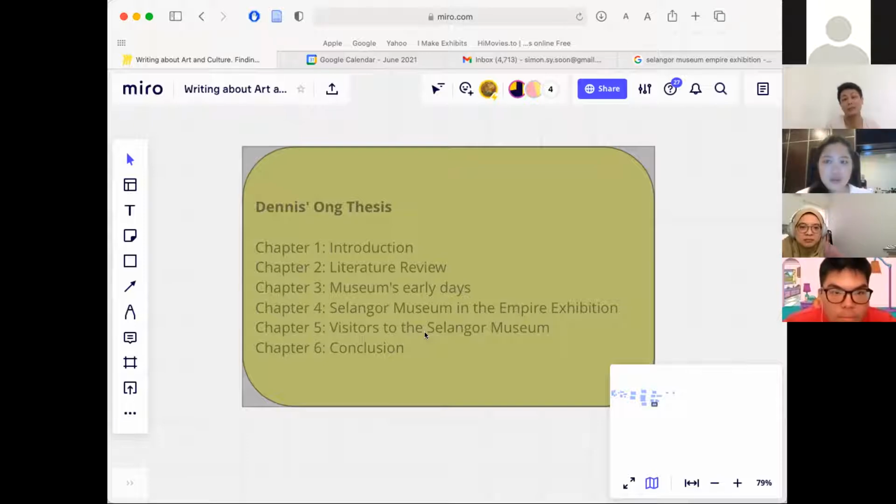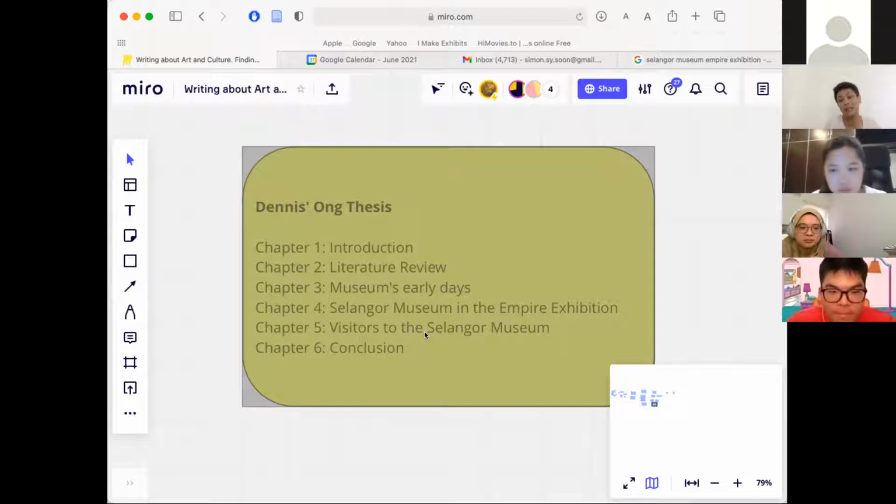Maybe the role that Selangor Museum plays when it participates in all these world expositions, right? So you can also track Selangor Museum's participation in world expos across a span of time as well. It doesn't need to be an Empire exhibition, right?